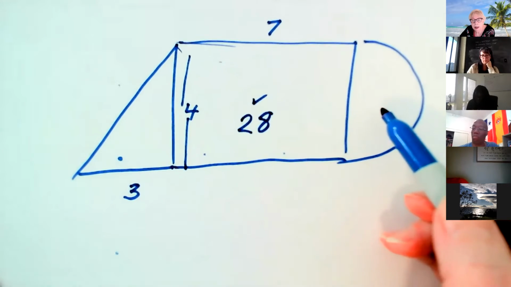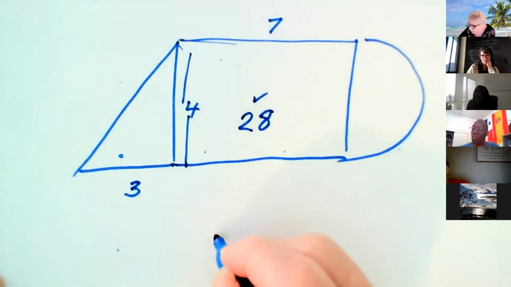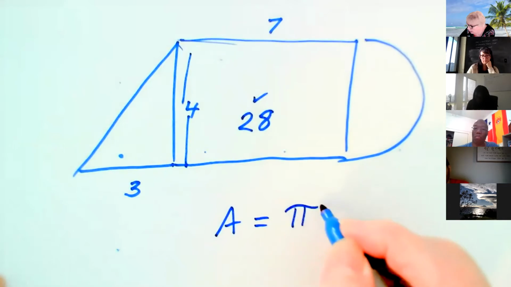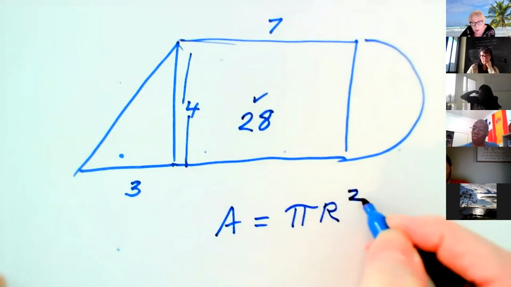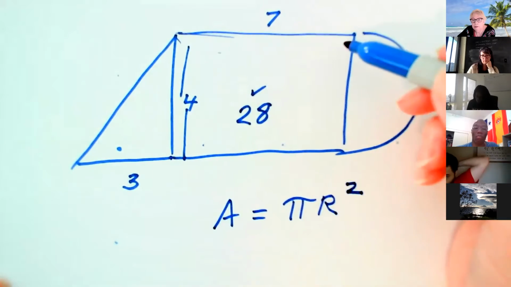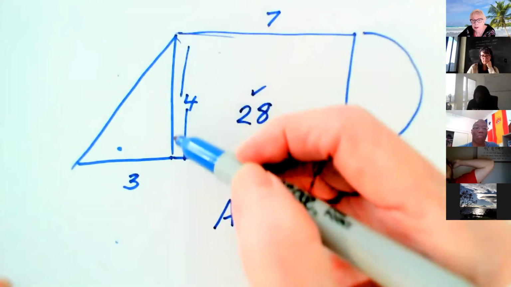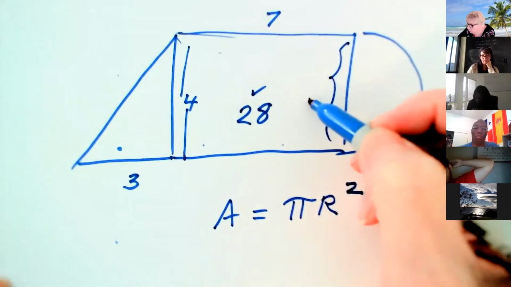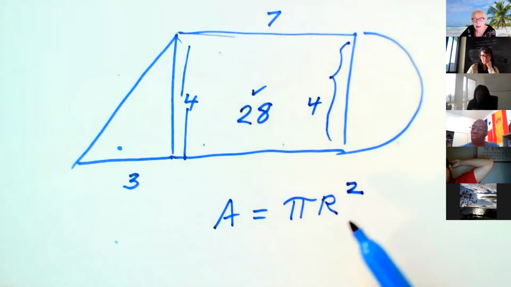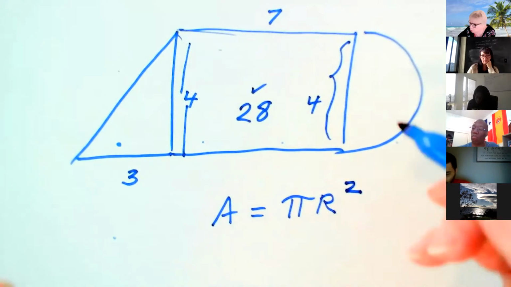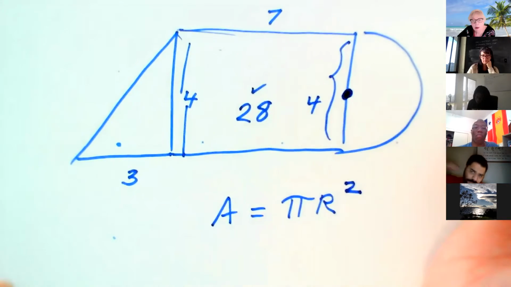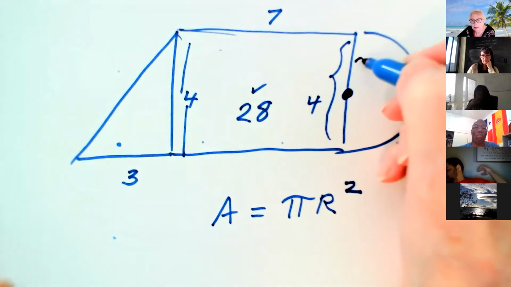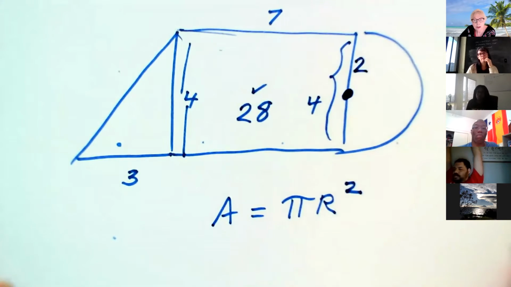Let's do the half circle. Area is pi r squared. If this whole thing is 4, but the formula calls for the radius, and the radius is 2.